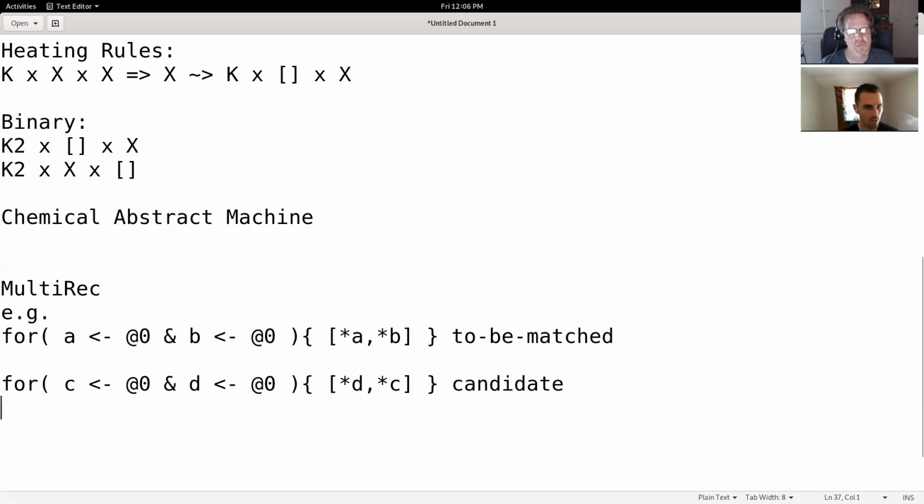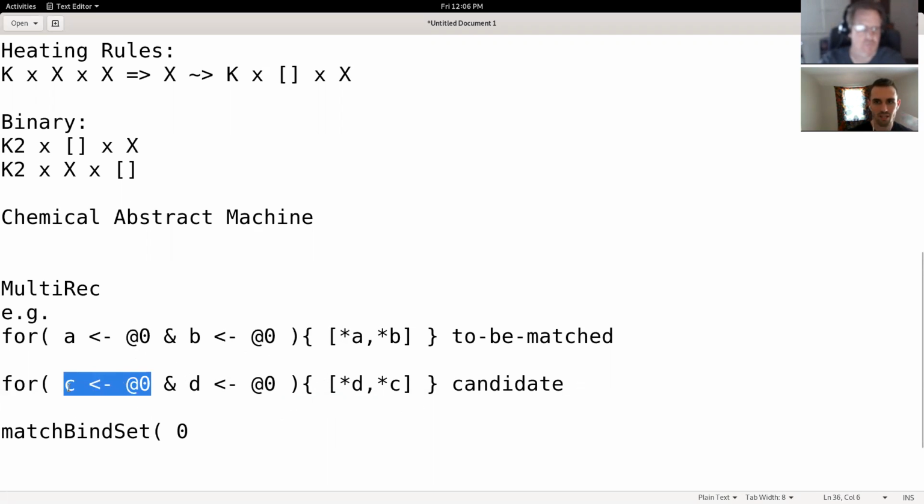The set that I would get out of this, I've been calling the match bind set, and this is the collection of all possible bind matchings. It'll look like this. So it'll look like 0. I'm talking about this particular bind as the 0th bind. So 0 could match with, and now I'll give a set for the rest of the stuff.